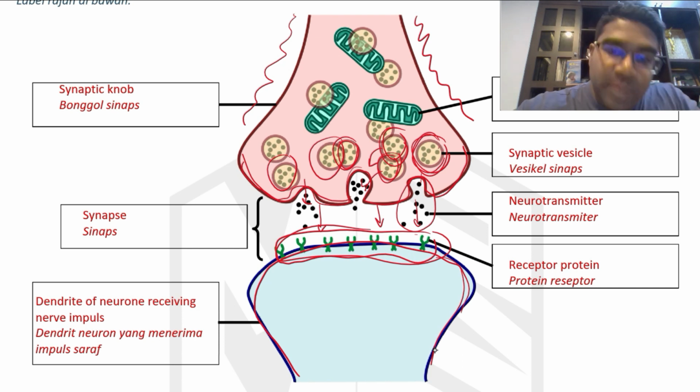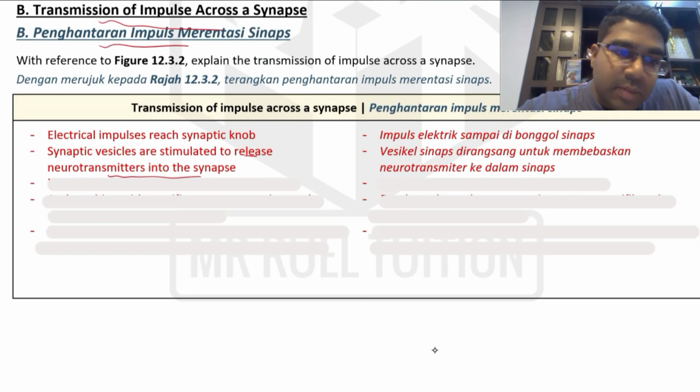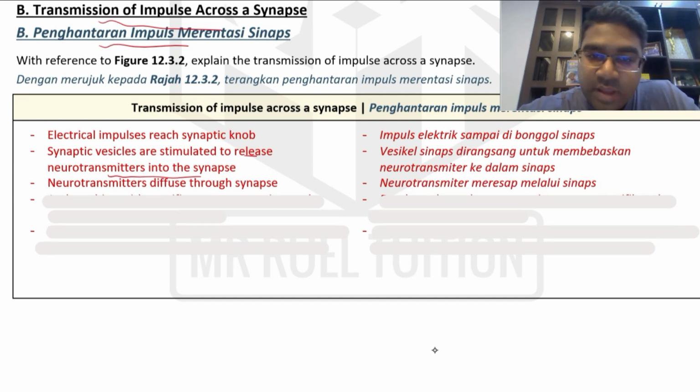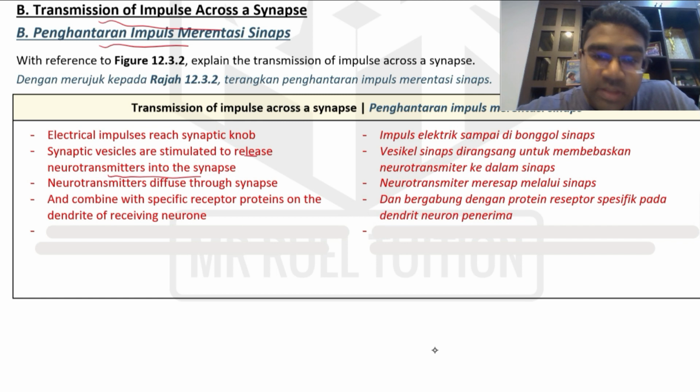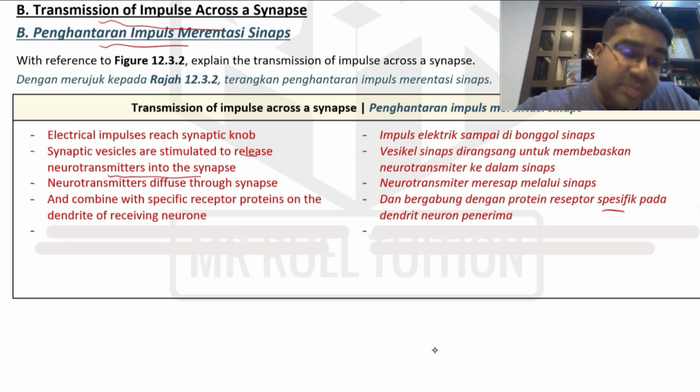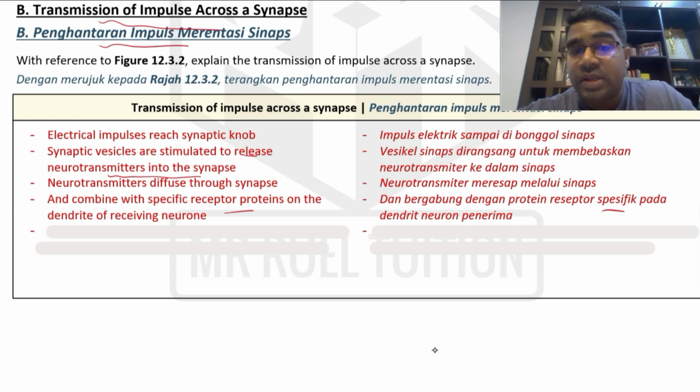Okay. So bila dia bergabung, neurotransmitter ini akan bergabung sini tau. The neurotransmitter will come and bind to the receptor. So dia akan meresap melalui synapse, diffuse across the synapse, and then it will combine with the receptor protein. Dia akan bergabung dengan protein receptor spesifik. Protein receptor ni memang spesifik kepada neurotransmitter itulah. The receptor proteins are specific to the neurotransmitter. Okay, what will this do?